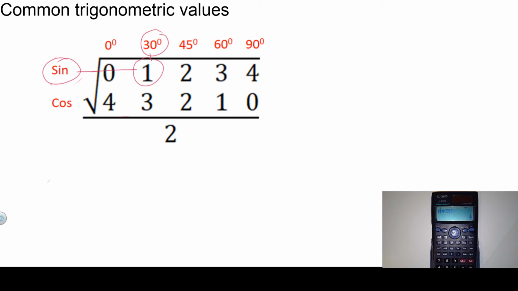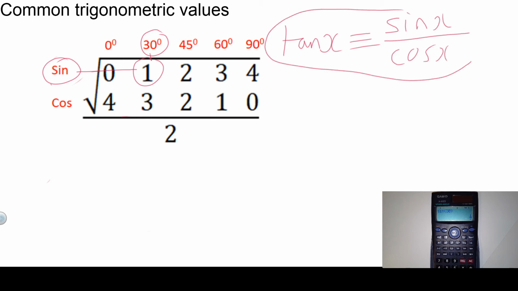So I'll just show you that identity right now. Tan of any angle is identical to sine x over cos x. That's something you just got to remember. Tan is sine over cos. So tan, sine over cos.